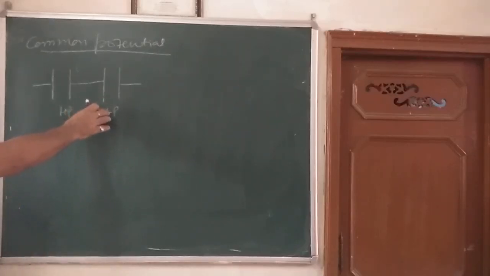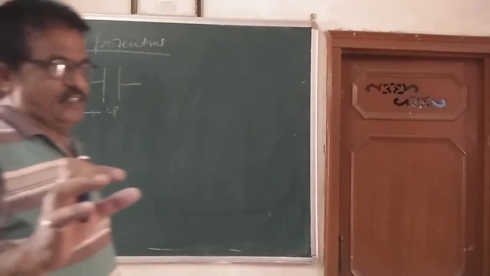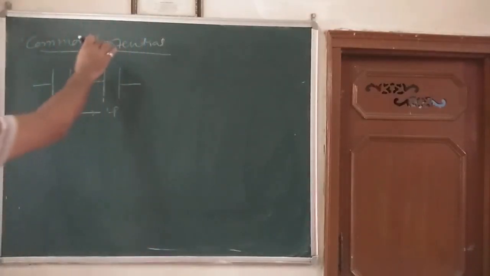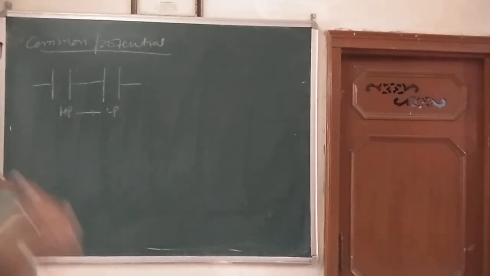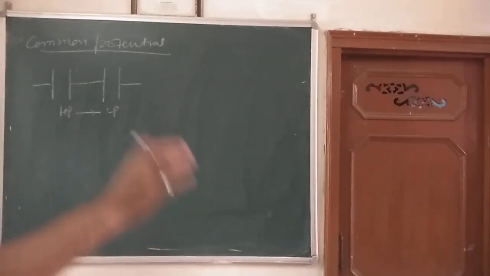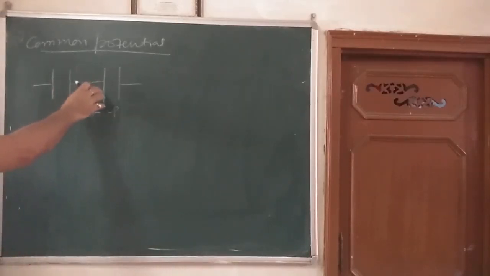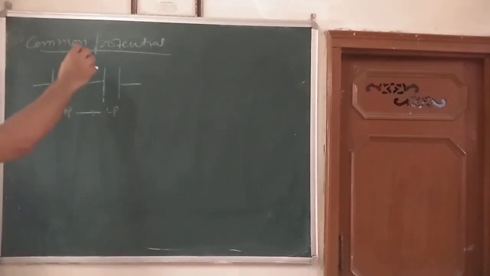Till their potential becomes equal, and this equal potential of the two capacitors is called common potential. Obviously, हम ये मान के चलेंगे यहाँ पर कि no charge is lost in the process of sharing of charges by the two capacitors. Okay, so this is called a common potential.